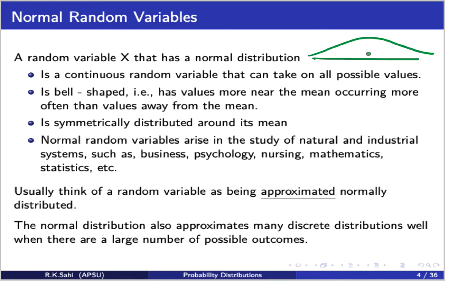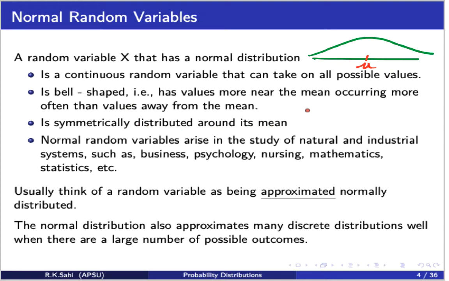These bell-shaped curves basically tell us that we are having a normal distribution. Now, it is symmetrically distributed around its mean. So when we write down a normal random variable, remember the mu's and the sigmas, the empirical distributions. That's where it says it is symmetrically distributed around its mean.